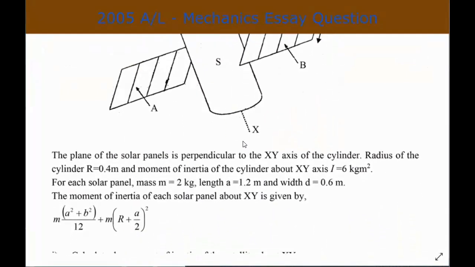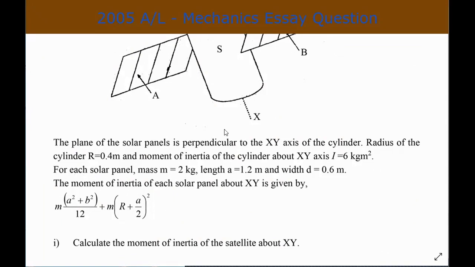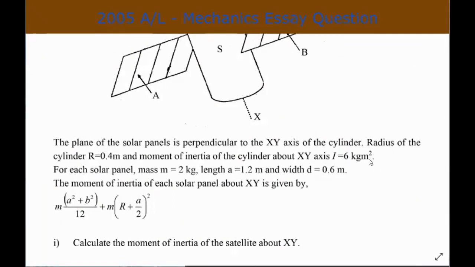The plane of each solar panel is perpendicular to the xy axis of the cylinder. The radius of the cylinder r equals 0.4 meter, and the moment of inertia of the cylinder about the xy axis is 6 kg m square. So the moment of inertia of the cylindrical part is given as 6 kg m square.